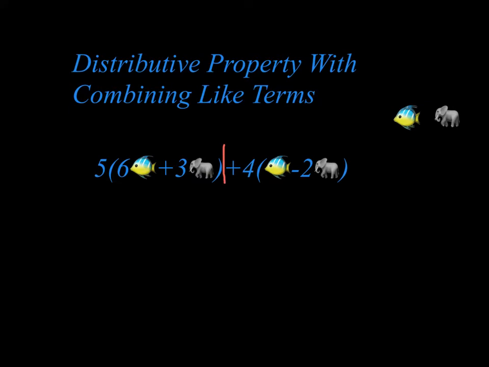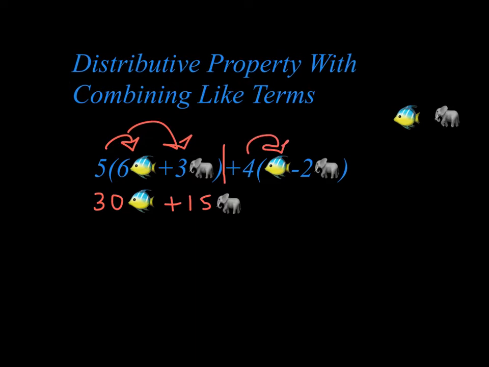So I'm going to say 5 times 6 fish, which is going to give me 30 fish, plus 5 times 3 elephants, which is going to give me 15 elephants, plus 4 times 1 fish, which is going to give me 4 fish, plus 4 times minus 2 elephants, which is going to give me minus 8 elephants.